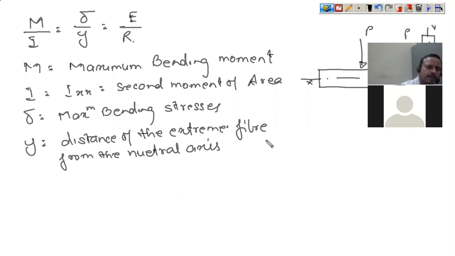So what we do is we take y max as the maximum distance of the extreme fiber from the neutral axis. When we study curved beams, I'll try to make you understand why the neutral axis and the centroidal axis are not coinciding.